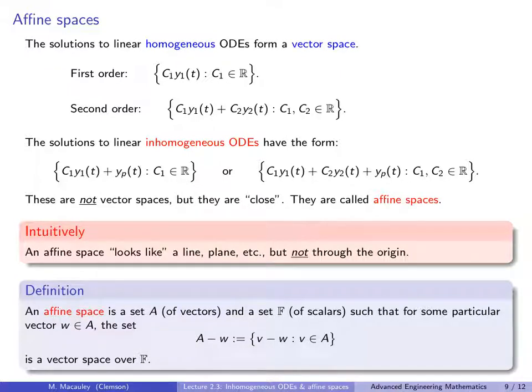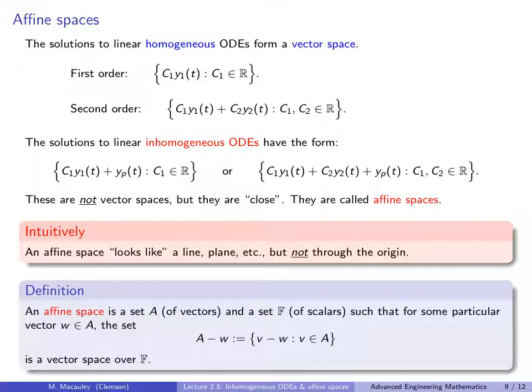Here's a formal definition. An affine space is, well, before we go, let's remember what a vector space is. It was a set of vectors V and a set of scalars F, where the scalars, we call them F because they were a field, an algebraic set where we can add, subtract, divide, and multiply.